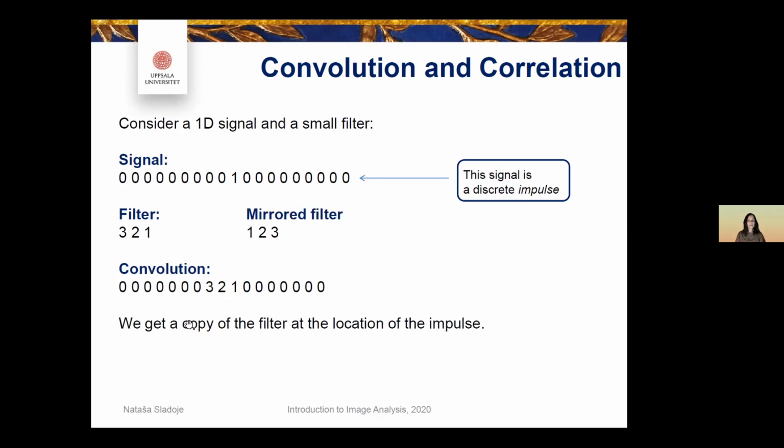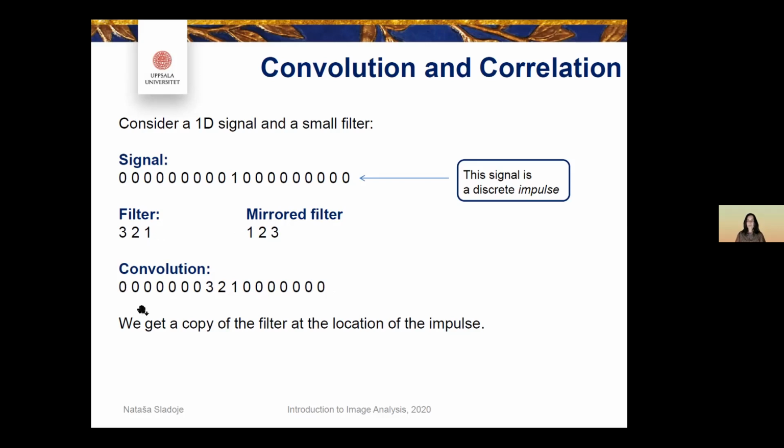So let's see what happens if we do the same by a convolution. We use the same signal and the same filter. In order to apply convolution, we will first mirror the filter. In this case it is only in one direction, because this is a 1D filter. We perform the same operation by this mirrored filter. That will be the convolution of this signal by this filter.